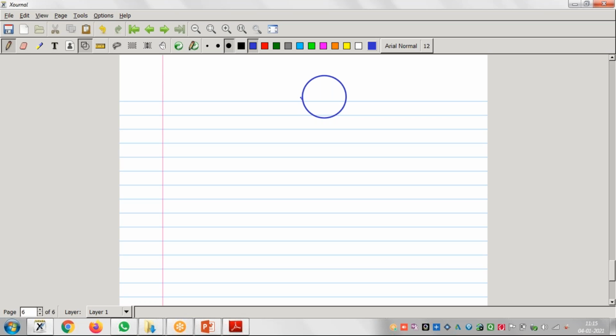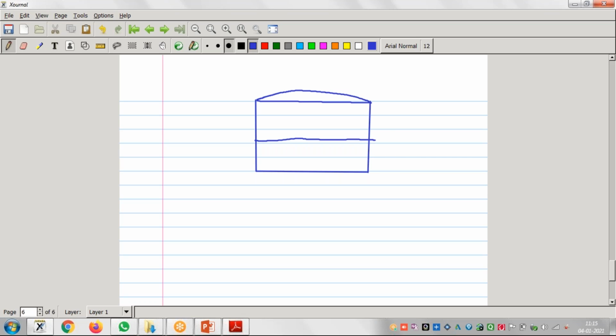So this is our pan. From the pan, initially it was 7.75 centimeter. Then rainfall occurred, so here it became 3.8 centimeter rainfall occurred.